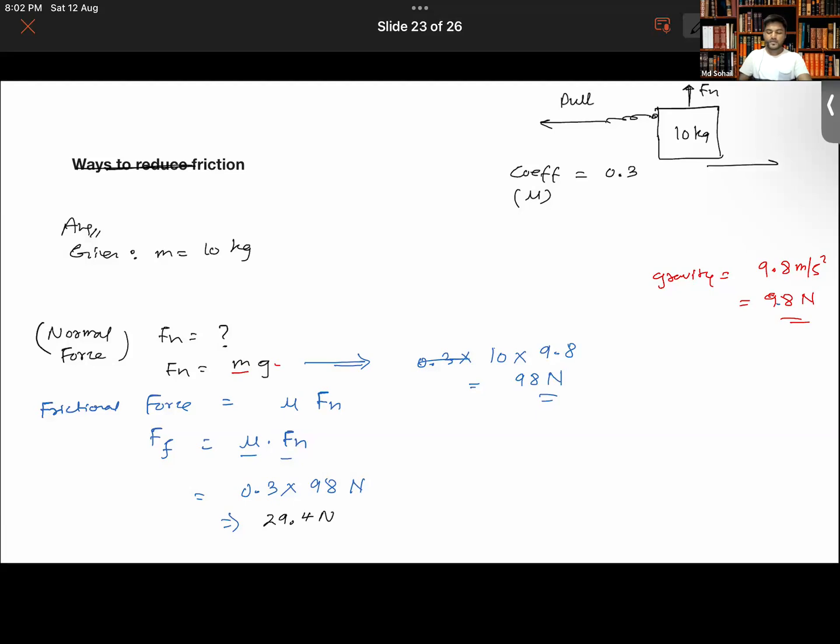Left, in this direction, right? Because it is being pulled on the left side. The frictional force is 29.4 Newton and the normal force is 98 Newton, right? That was quite easy to calculate. Whatever mass is given, simply multiply it with 9.8.